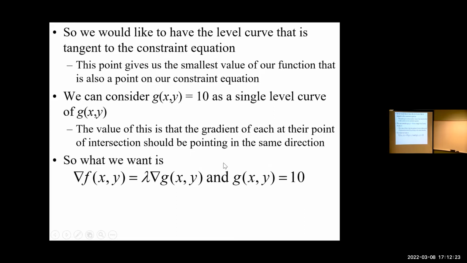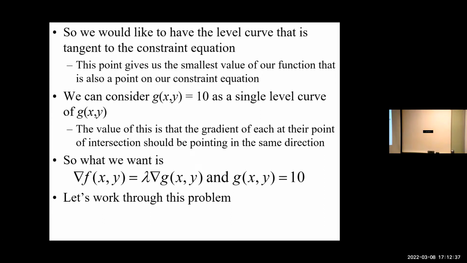And then also we have our constraint equation there, which creates a system of equations. So let's work through the one for our problem. And so we can see how this gets written up.